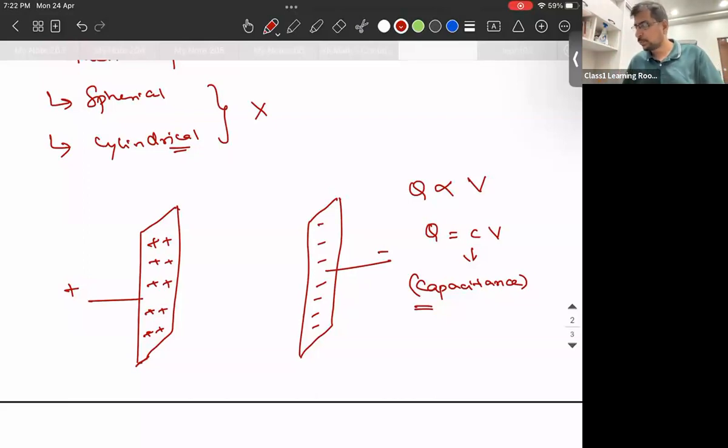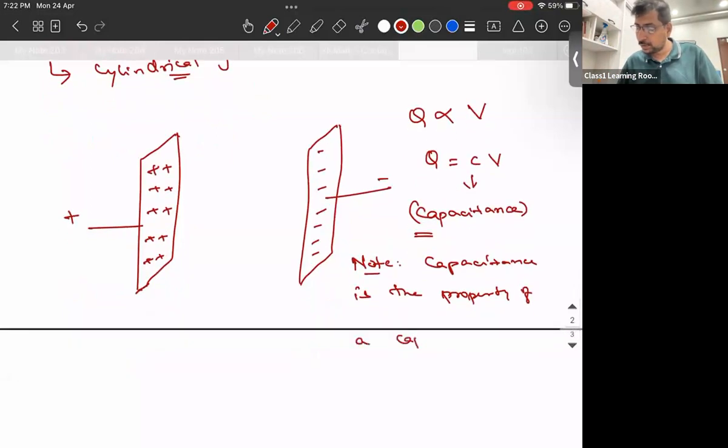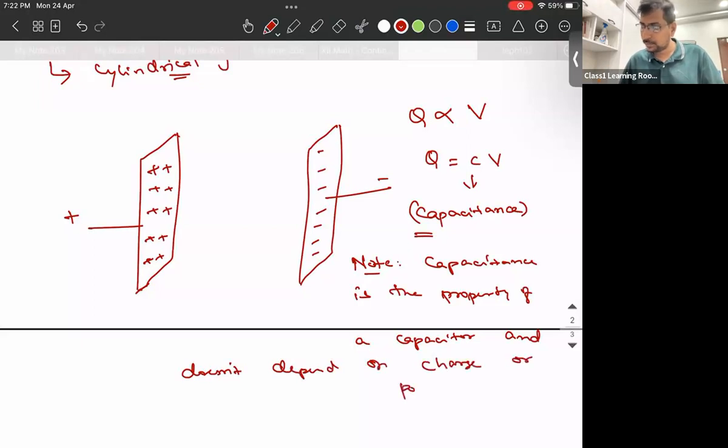And here an important point to be noted is that capacitance is a property of a capacitor and does not depend on charge or potential.